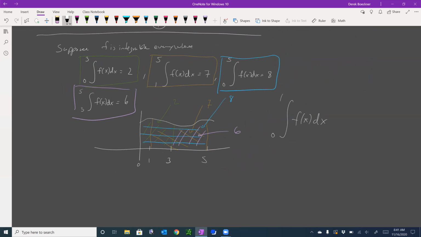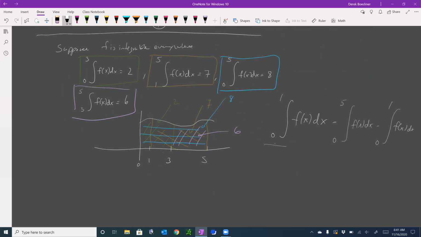If I take the blue area minus the yellow area, I should get the area from 0 to 1. Okay. So if I look at which boundaries I have, this is going to be the integral from 0 to 5 f of x dx minus the integral from 0 to 1 f of x dx.